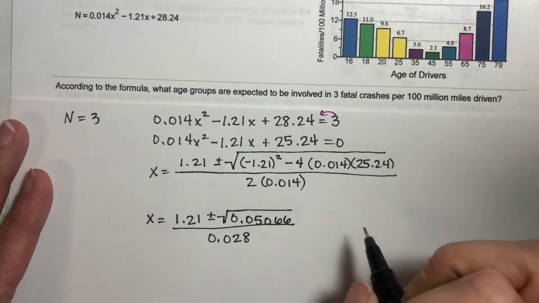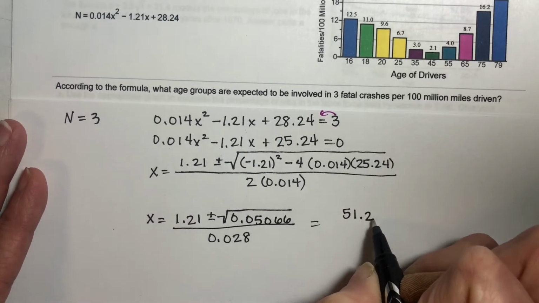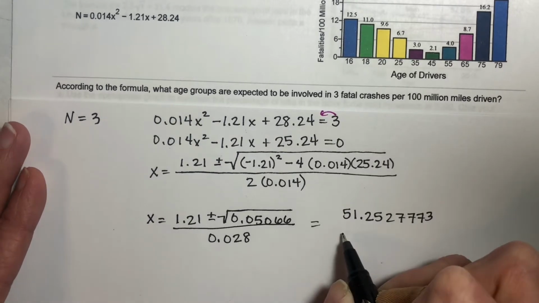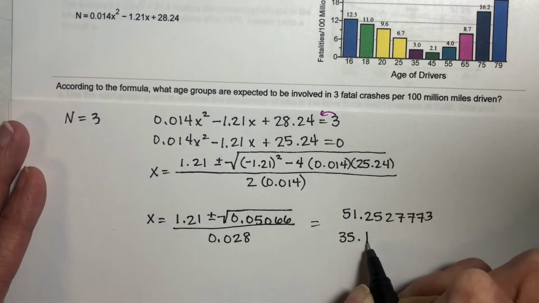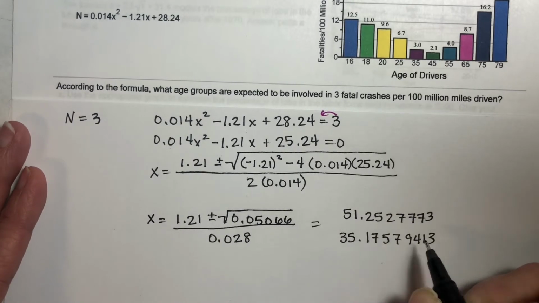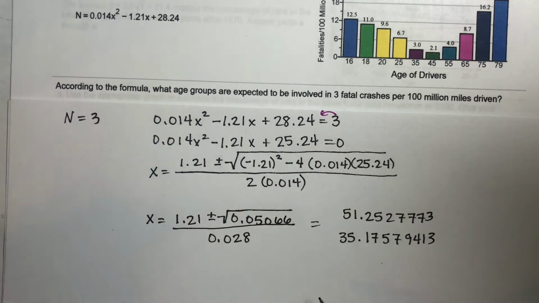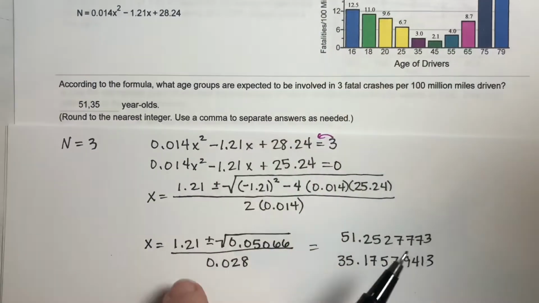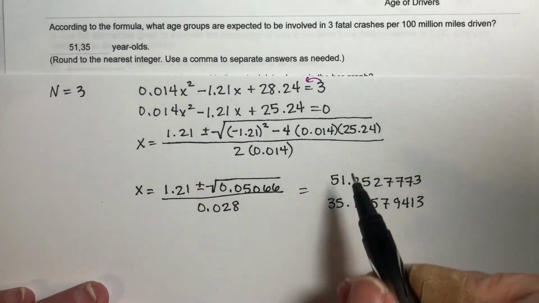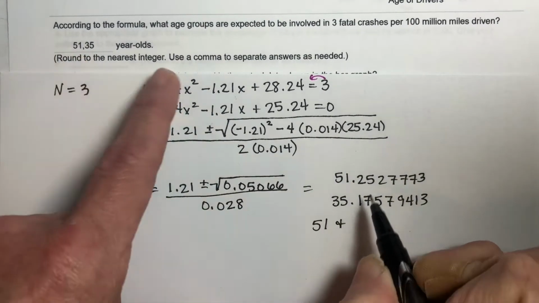And when you do that, you get the decimals. You get 51.25277773 and 35.17579413. Okay, that's what my calculator told me. We are asked to round to the nearest integer, and the nearest integer, in this case, my answers are 51 and 35.